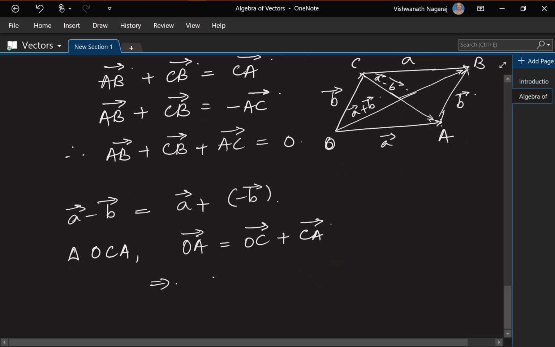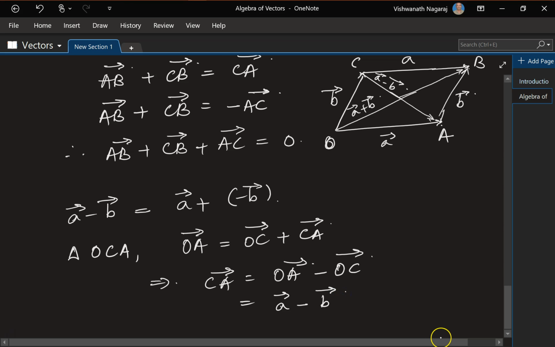Which basically implies CA is equal to OA minus OC, which is equal to A minus B, where OA is nothing but A and OC is nothing but B.